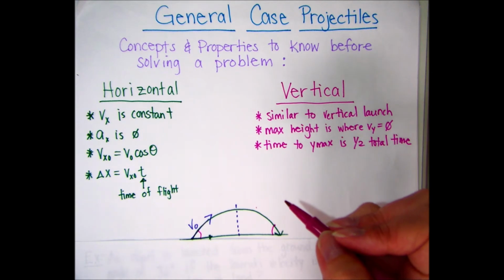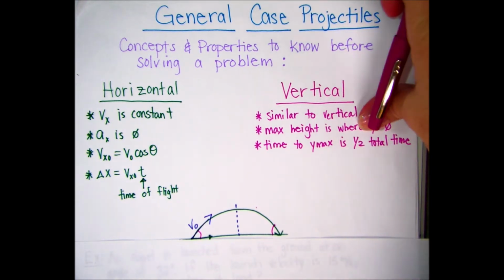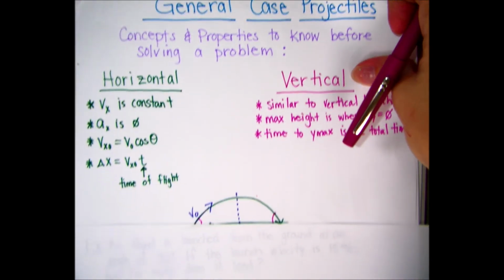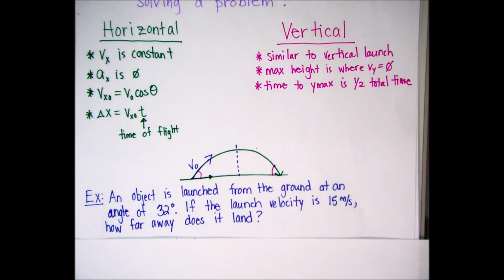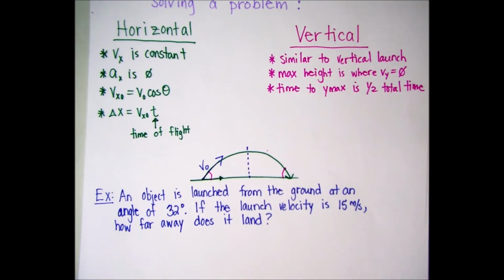So let's try one of the problems. If I have an object that is launched from the ground at an angle of 32 degrees at a velocity of 15 meters per second, how far away does it land? Okay, so the first thing that we're going to do is write down some givens. What do I already know?